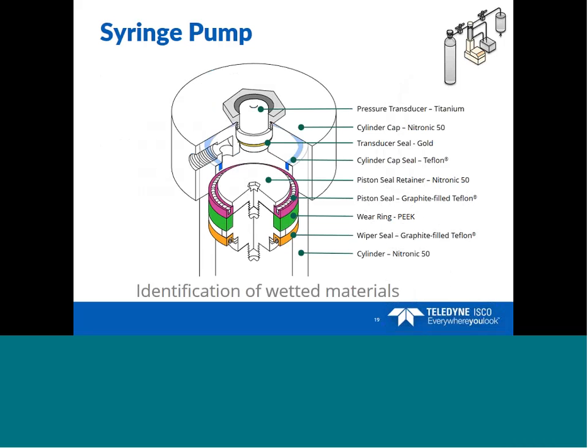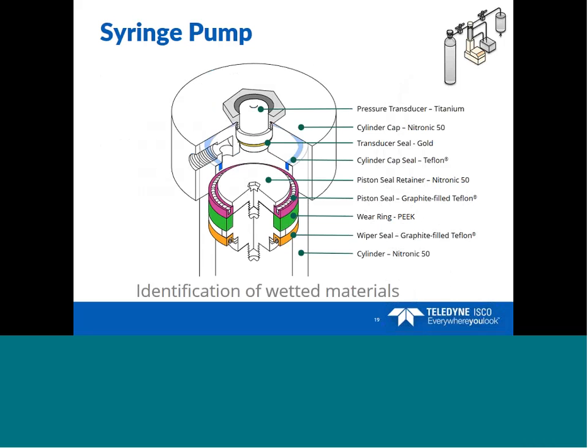Starting from top to bottom, the wetted materials of the syringe pump are the pressure transducer, which is made of titanium. The cylinder cap is Nitronic 50, and Nitronic is usually more corrosion resistant than stainless steel 316. The transducer seal is gold-plated. The cylinder cap seal is a blue tinted Teflon seal. The piston seal retainer is Nitronic.